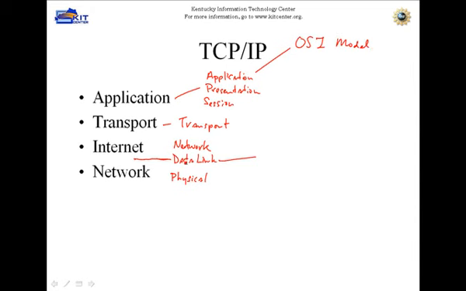So the internet layer of TCP/IP is all the network and part of the data link layer, and the network layer of TCP/IP is part of the data link layer and the physical layer of the OSI model. Just in case you ever were curious about how the real implementation of TCP/IP maps onto the kind of theoretical framework of the OSI model.